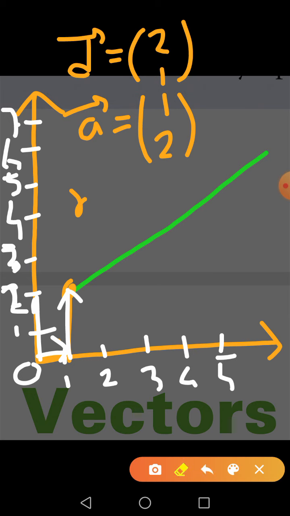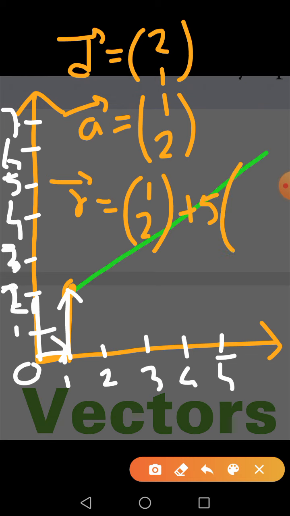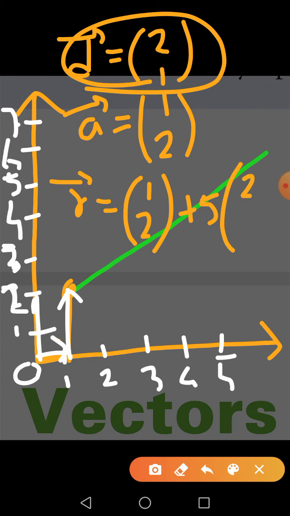The coordinate of the point r will be equal to A, that means 1, 2, plus how many steps? 5 steps. And what is the vector of one step? It is 2, 1. So let's put 2, 1 over here.